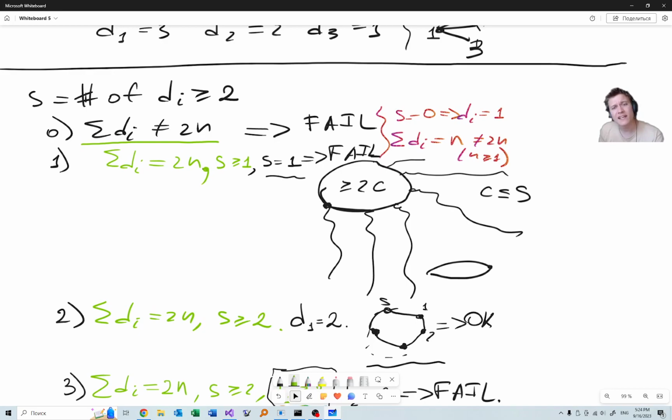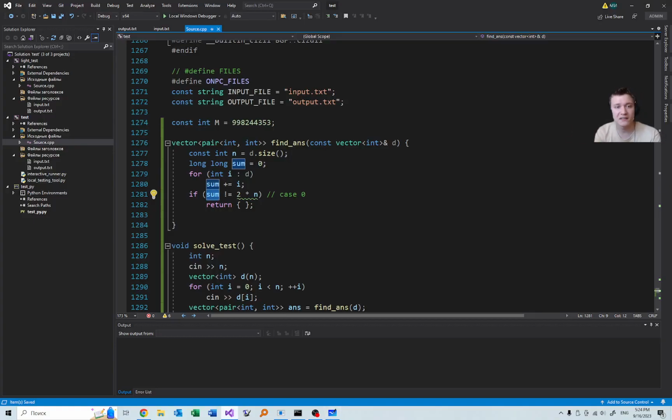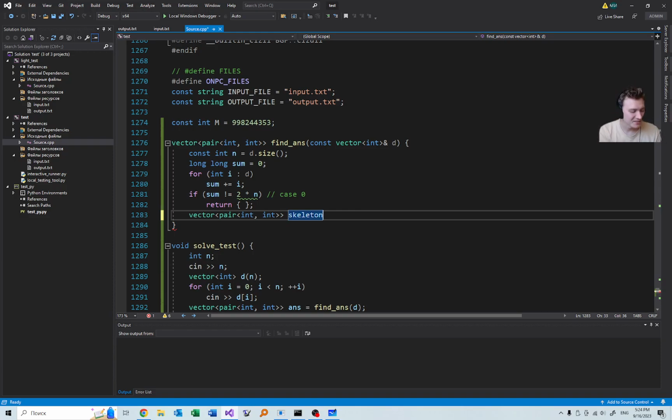Now I'd like to make the framework for taking the skeleton of the graph and after that doing the rest of the job. So let's do it. First of all, I write skeleton. Sorry, I'm not sure how skeleton is spelled. I will Google it.